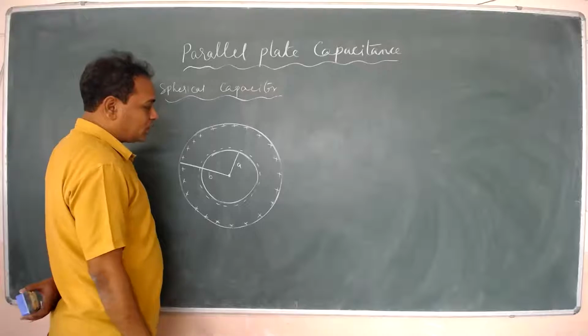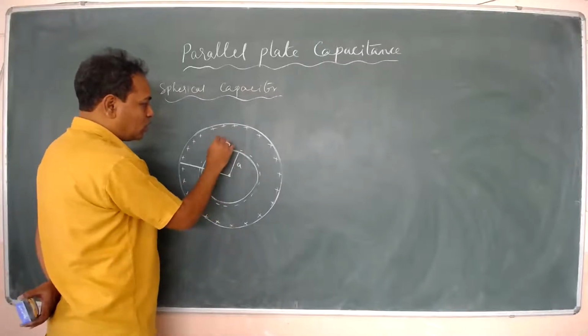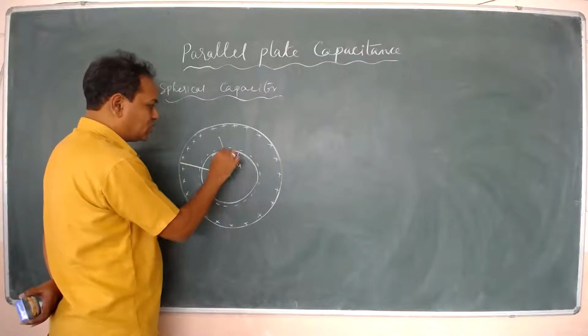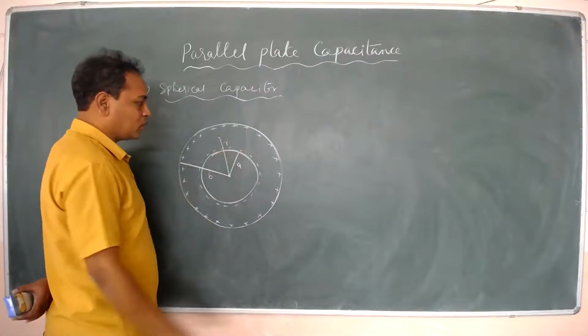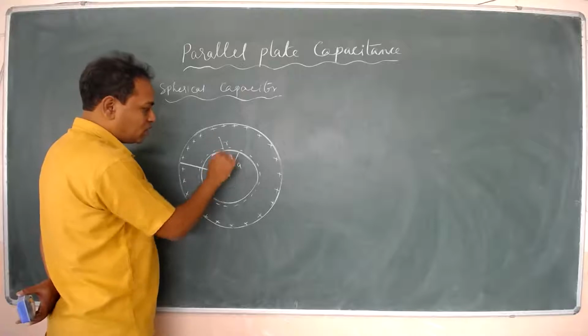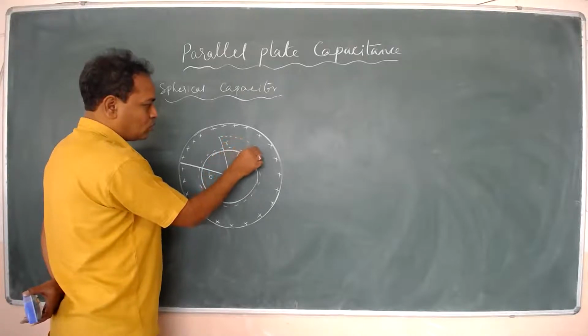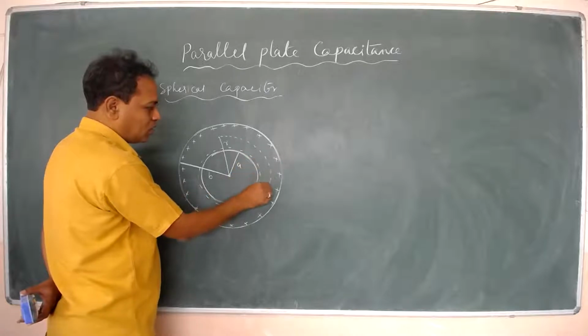Okay, so here let us consider one point at a distance, say small r. From this radius, I will draw one Gaussian surface, or one imaginary sphere.